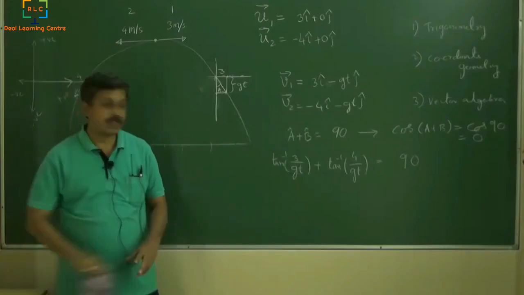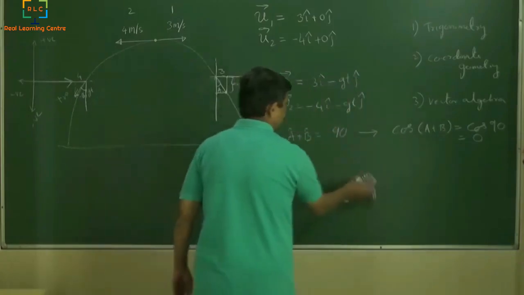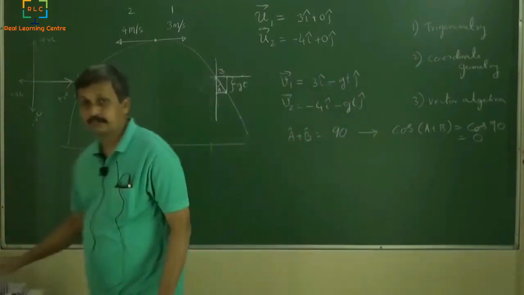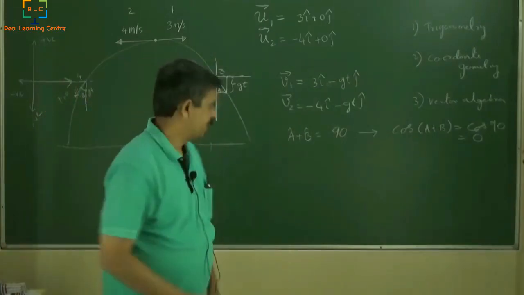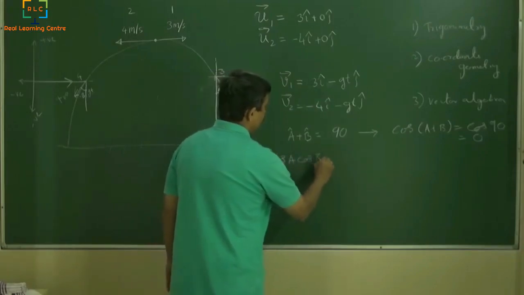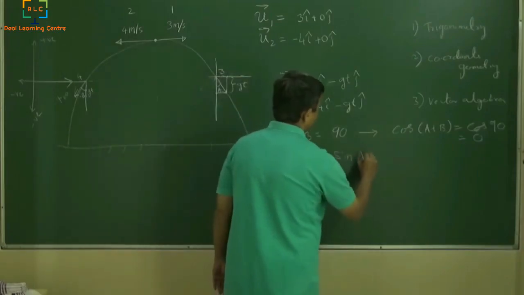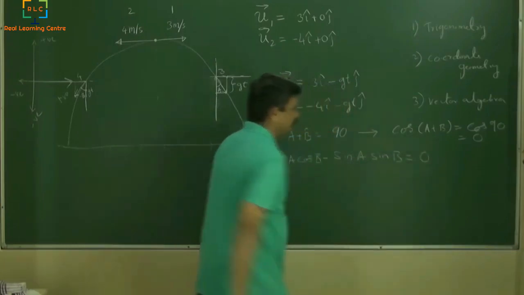Now, cos of A plus B formula, you guys know. Cos A cos B minus sin A sin B is equal to 0.